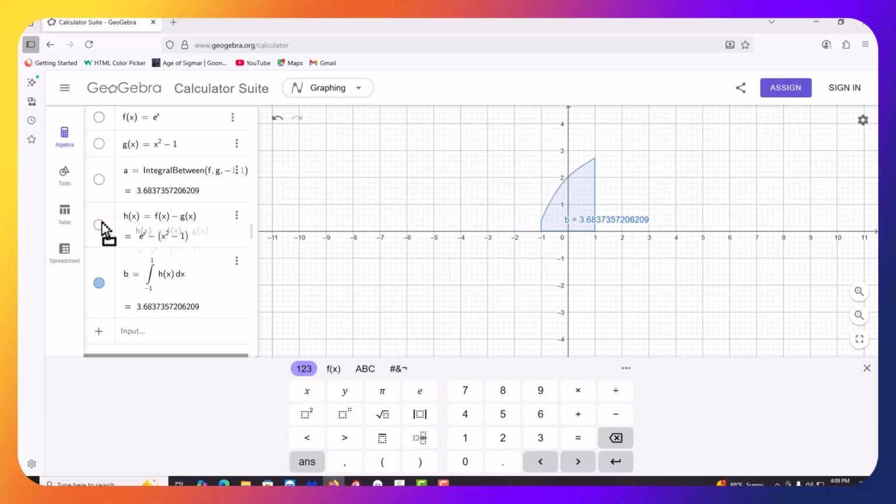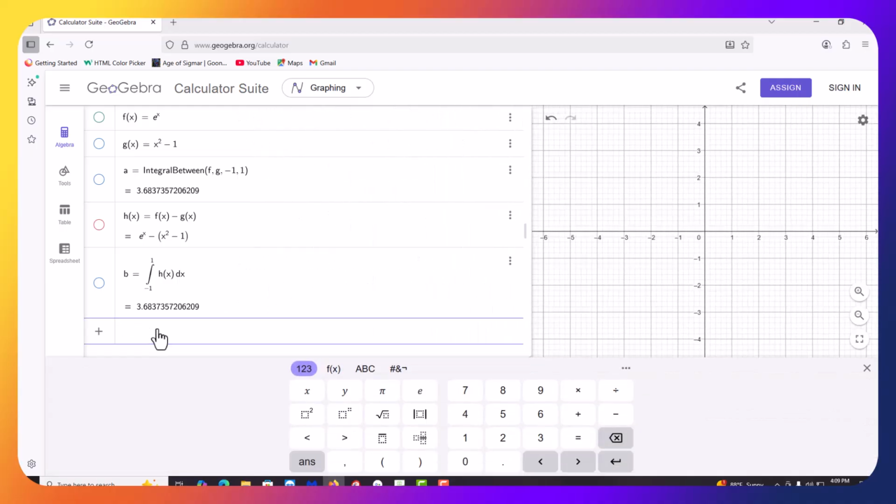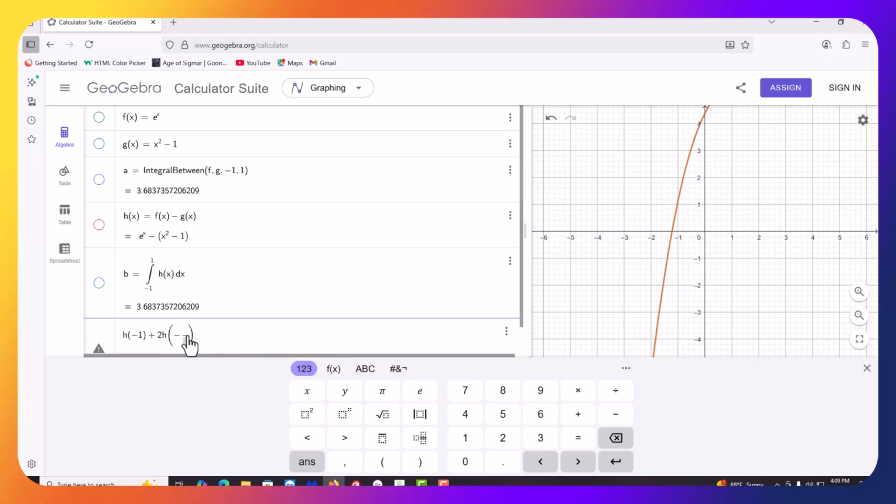Okay, I'm going to turn this off. Okay, and I'm going to extend this so I can see things. Now when you do calculations, h of -1, then I'm going to add 2 times h of -6/10. Oops, I got to delete that. I don't want a fraction there.